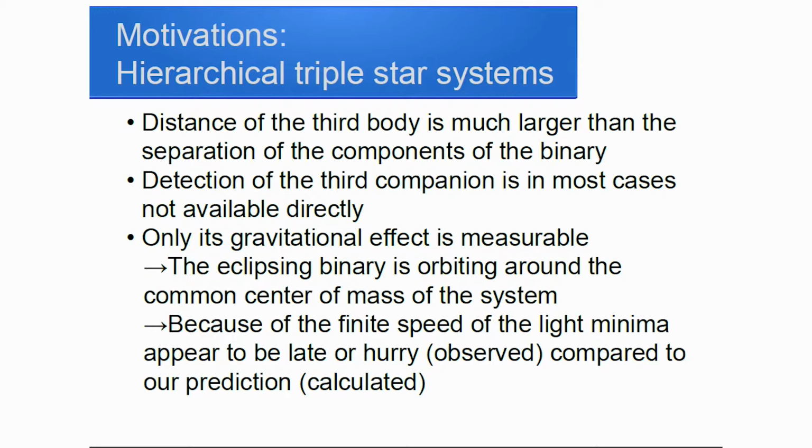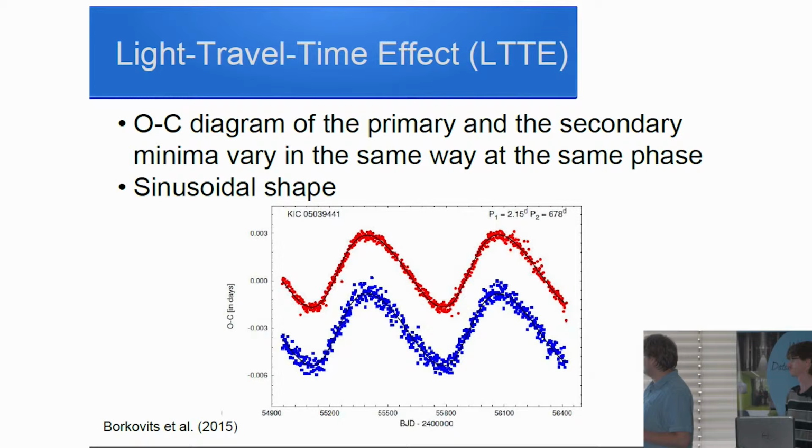So the third body perturbs the eclipsing binary, and because of the finite speed of light, the minima appear later or earlier than we predict. So it makes a kind of sinusoidal shape if there is a third body in the system, and we call this the light travel time effect.